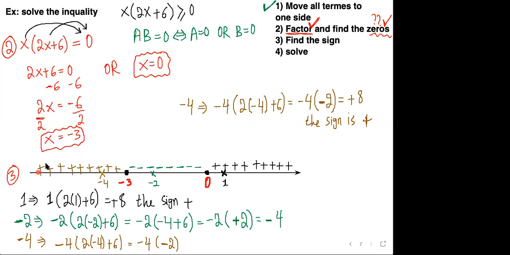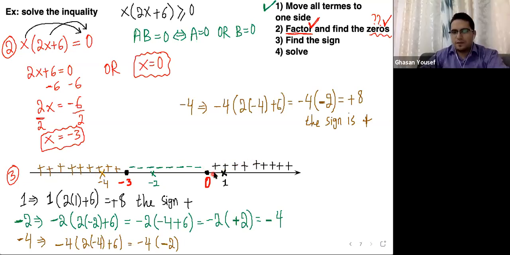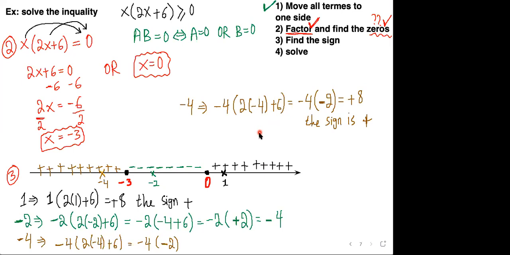Is it 0 to infinity? Exactly, from 0 to infinity, and also from negative infinity to -3.